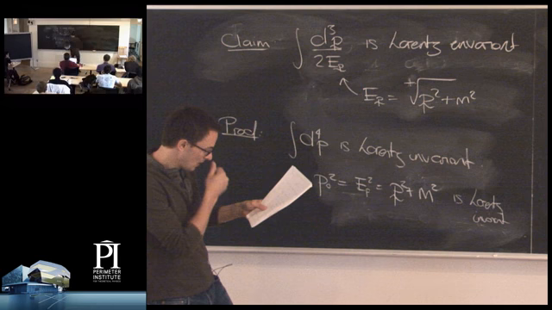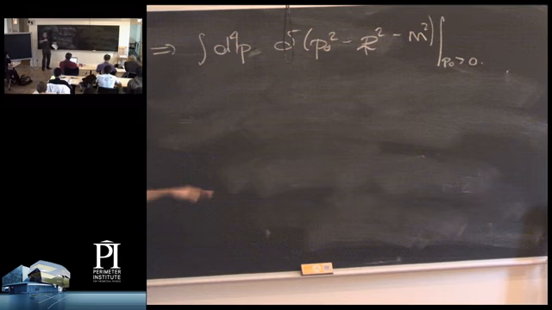In particular, there are 2 solutions to p0, one with a plus sign, one with a minus sign. But picking which solution we're on is also a Lorentz invariant statement. Yeah, sorry, you want the square on it. Thanks.